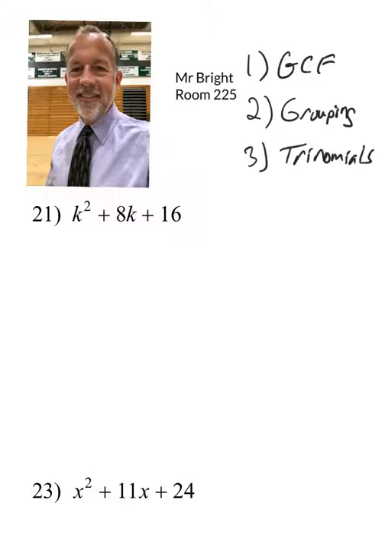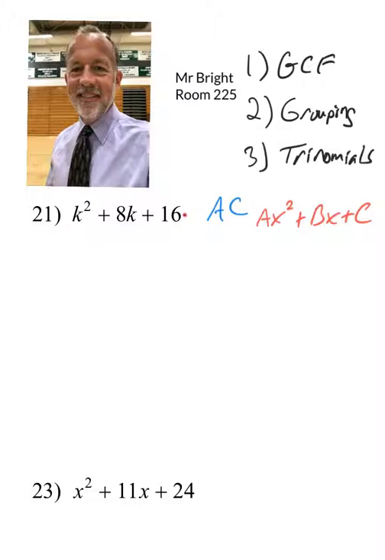Now, what you may have heard this referred to in the past is the AC method, and that's still kind of what we use. You may recall that the format is ax squared plus bx plus c, where a, b, and c all represent numbers.